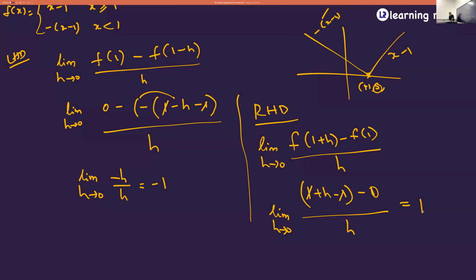So 16th one is a continuous function. Where will you check the continuity? You will check at -1 and 1 because that is where the function is broken. Is it continuous at -1? Yes, it is. Is it continuous at +1? Yes. But is it differentiable? No, it is not.